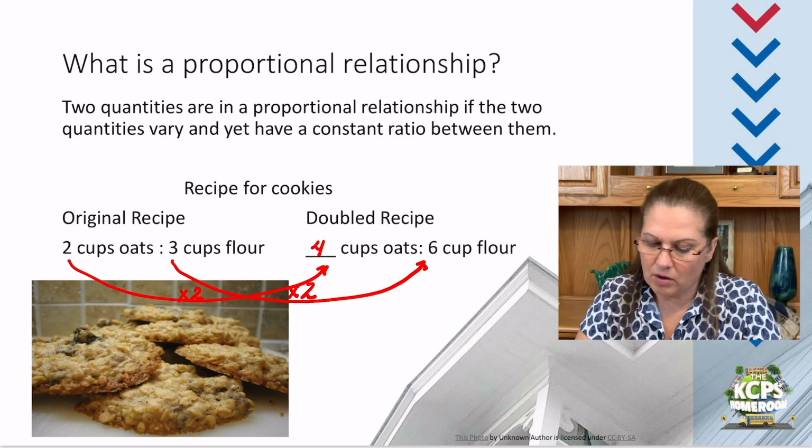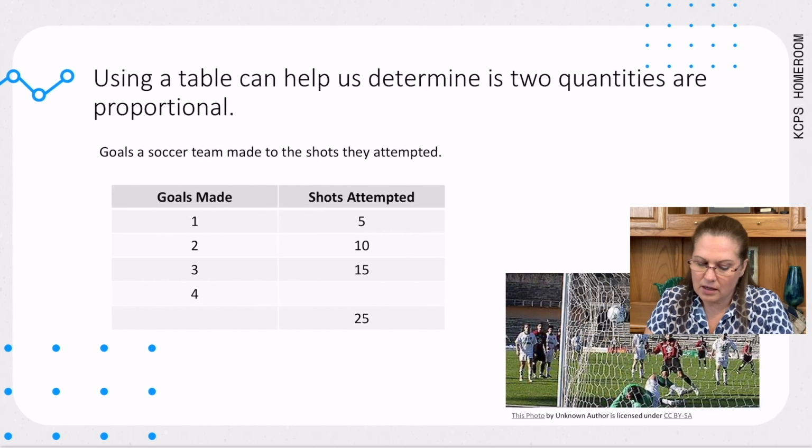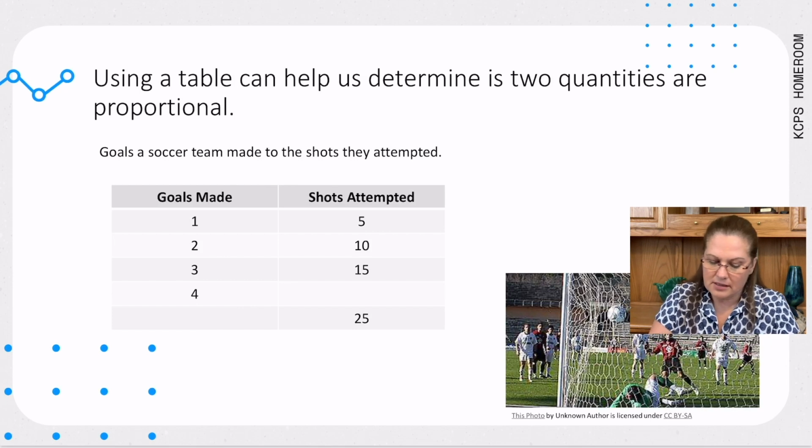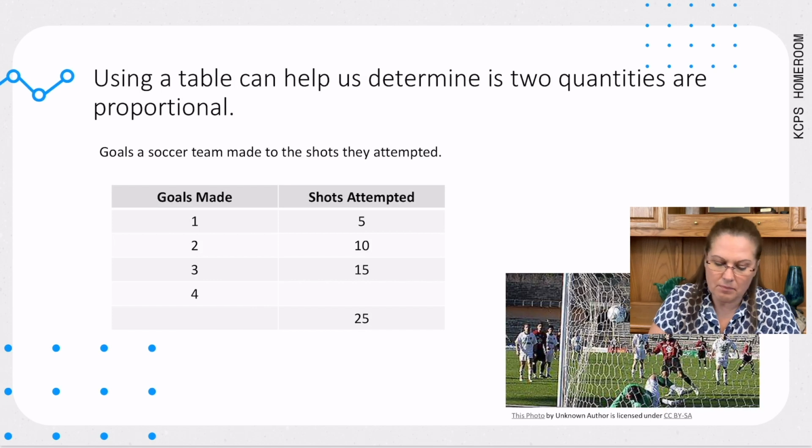Another example that you might be familiar with is when you play soccer, and I have a table demonstrating soccer goals to attempts. You'll notice that for every 1 soccer goal, they make 5 attempts. When we're looking for a ratio, we're looking for the rate of change between our x value and our y value.